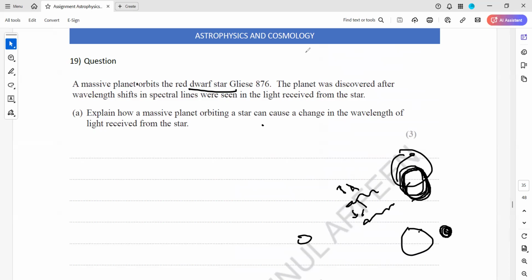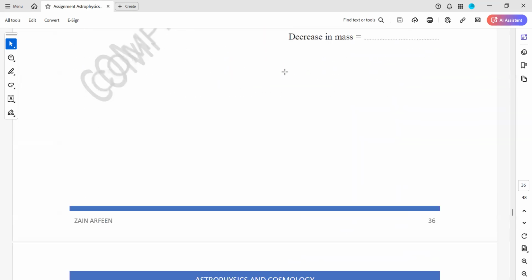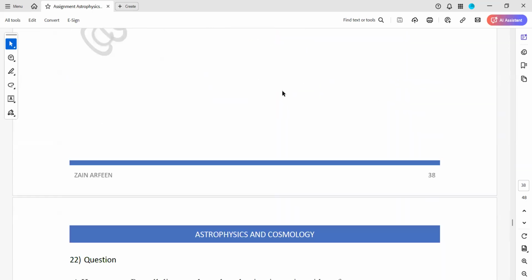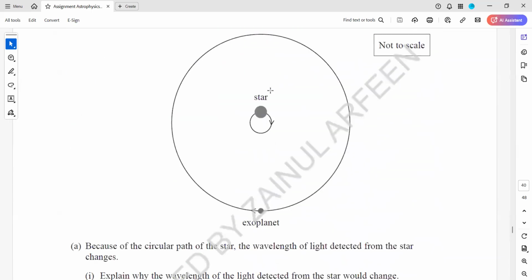So why will this change in the wavelength be difficult to detect? Because if an exoplanet has a low mass, it will have a weaker gravity. With weaker gravity, it will cause a smaller change in the position of the star. Here, because of this massive exoplanet, let's say the star's particles move this way. But if it was a smaller exoplanet, this might be the loop in which the particles move. So a very small change might occur, which might be difficult to detect.